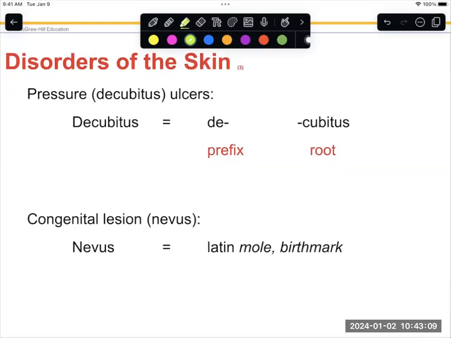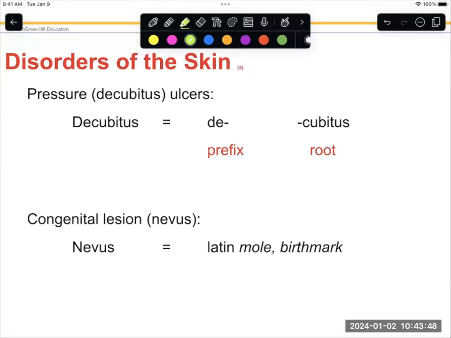Pressure or decubitus ulcers: when a patient lays in one position for a very long period of time, blood supply is cut off to that area. And when there's no blood supply to that area, your immune system isn't functioning very well, which allows pathogens, different germs, bacteria, and viruses to get into that area, and it can cause the skin to start to break down.